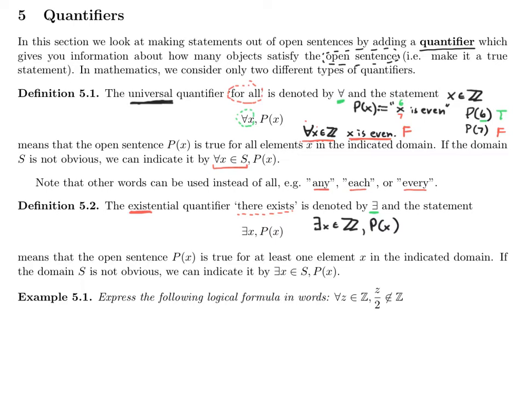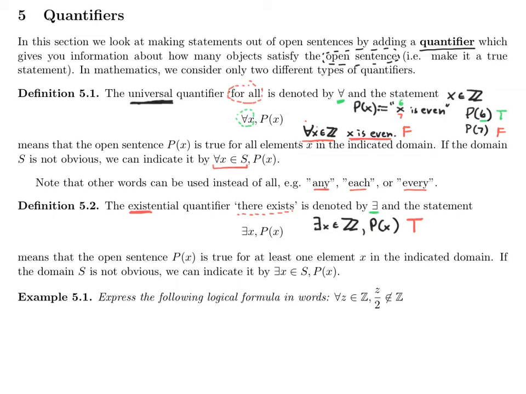Remember, we defined that p of x up here. This just means x is even. Is this true? If somebody said there is an integer that is even, you'd say that's absolutely true. There's loads of them. There's infinitely many. So this is a true statement now.